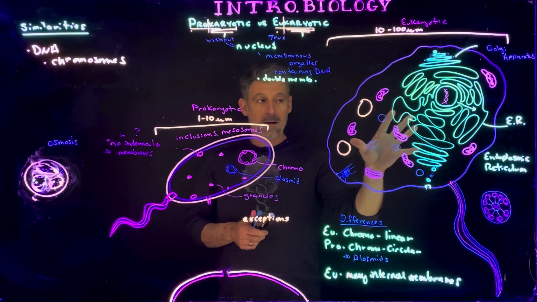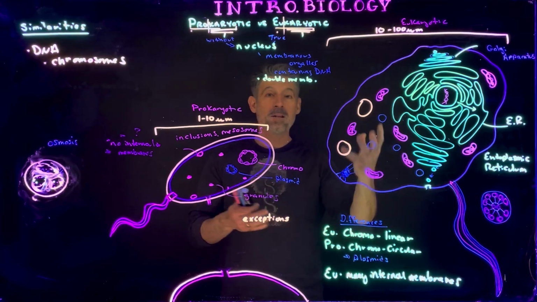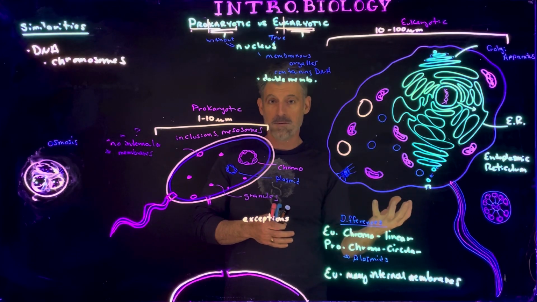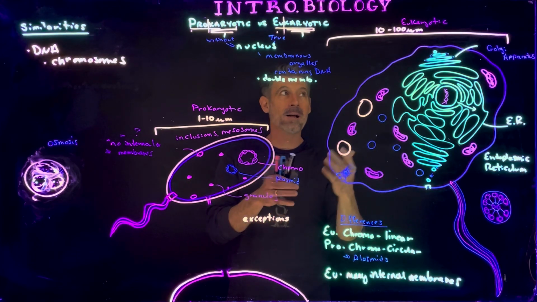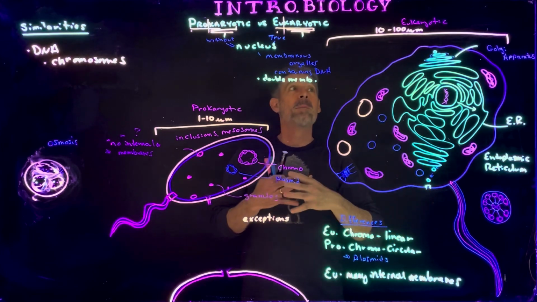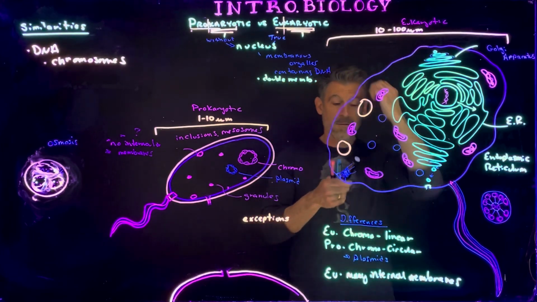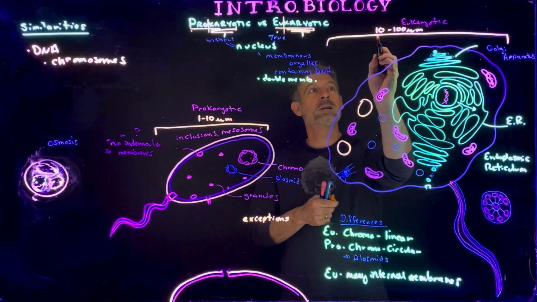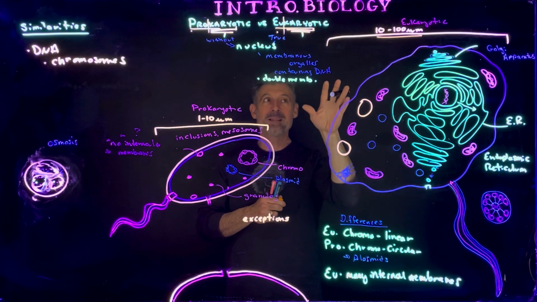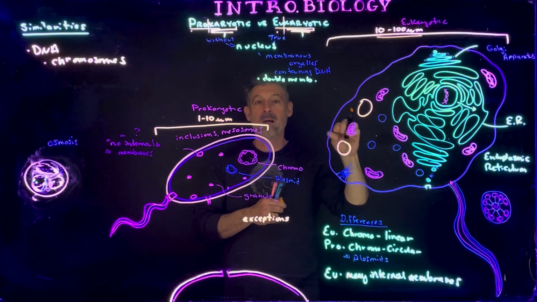So eukaryotic cells have many structures in them made up of membranes, all sorts of different structures. And that's what allows them not only to be bigger, but much more diverse in terms of size. What you're going to read mostly in a book is the size of a eukaryotic cell, between 10 and 100 micrometers.